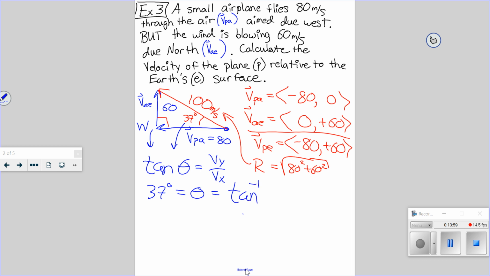It's always the y over the x. Try it, and it will tell you. Make sure it's in degrees. I like my little cheap calculators because right at the front it always says degrees or radians. Some of them do radians by default, and that's bad. We'll do degrees, and it should say 36.87.